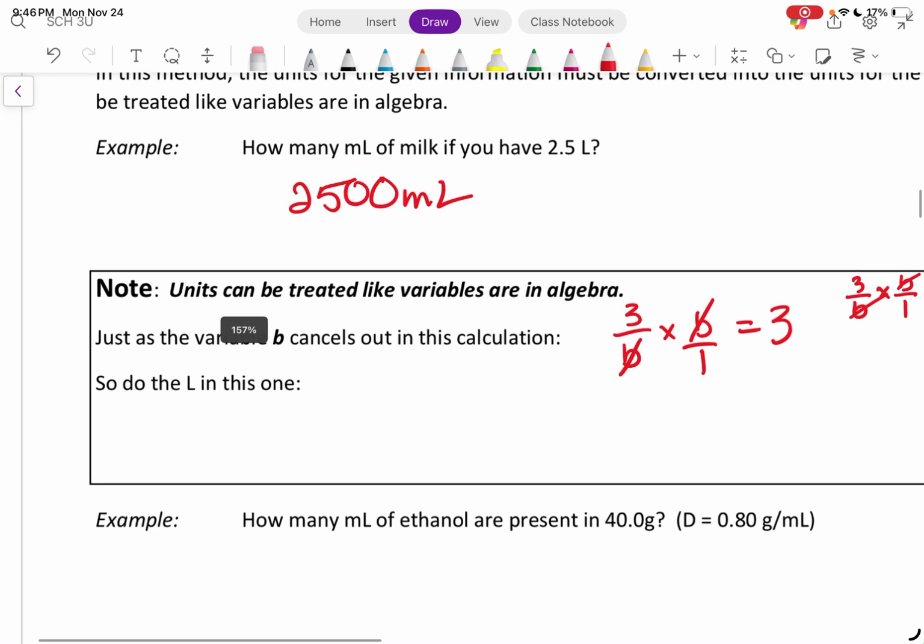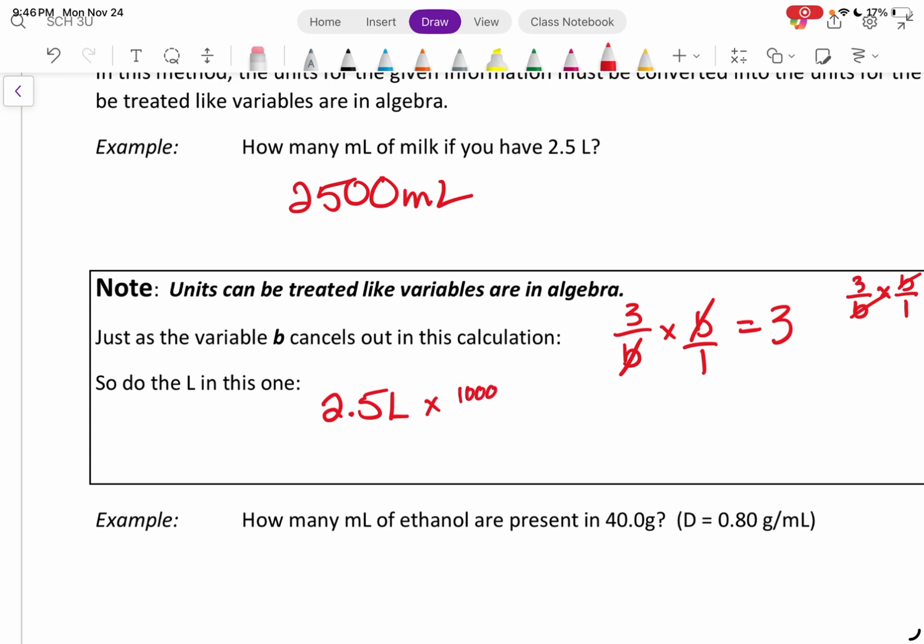So if we were to do our liters in this one, so I have 2.5 liters times. Okay, you're always going to be multiplying these ones times. Now, how many milliliters are in a liter? There are 1,000 milliliters per 1 liter.